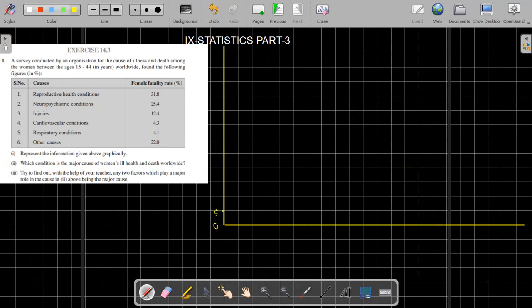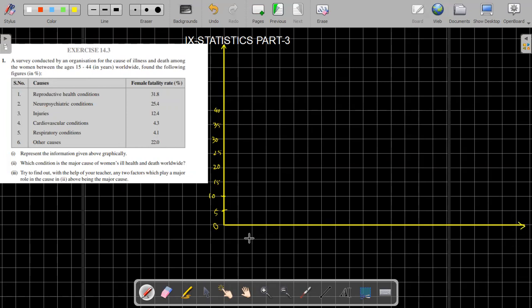This should be done like this. 5, then a straight line. 10, 15, 20, 25, 30, 35, 40, 45. Till here you should write all the numbers.